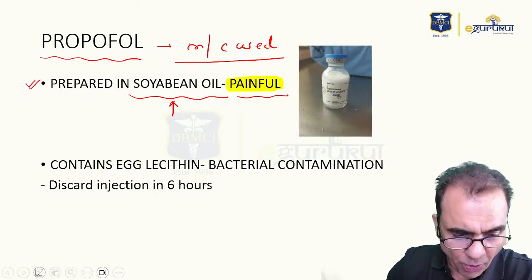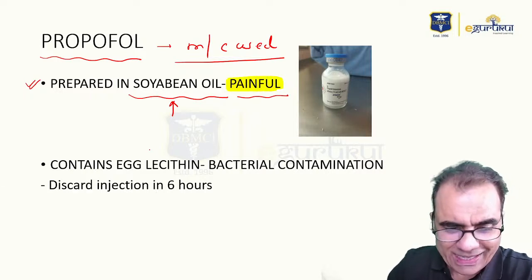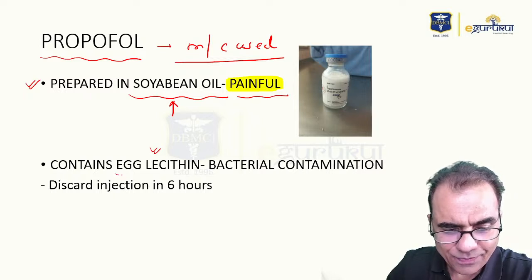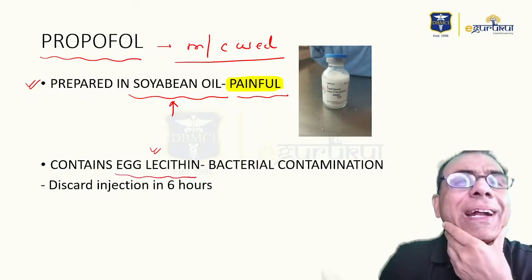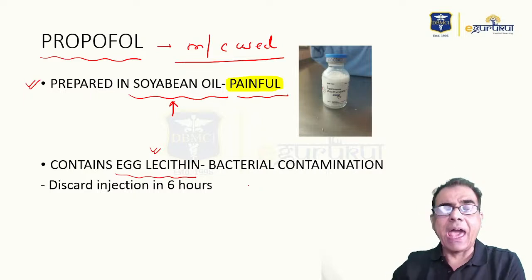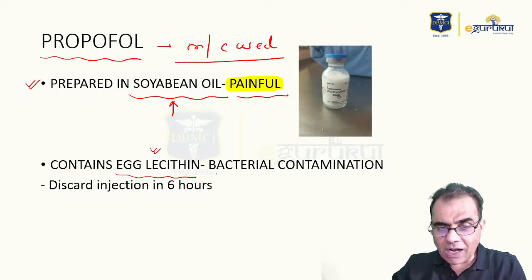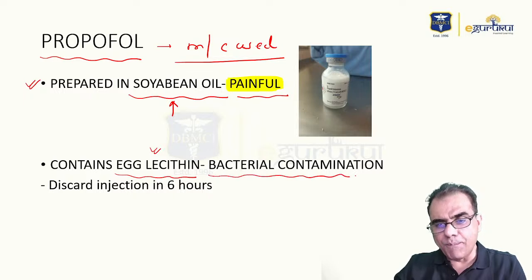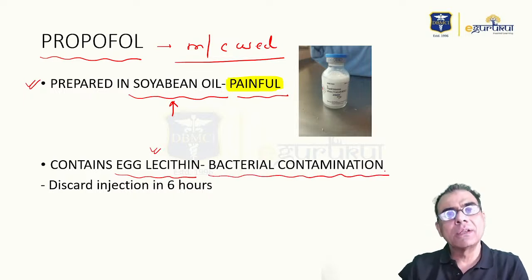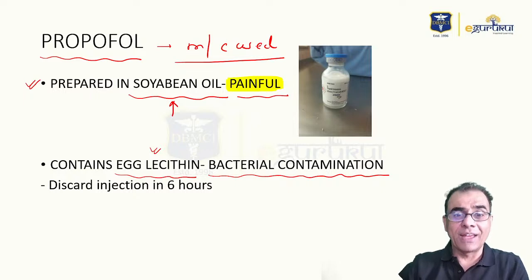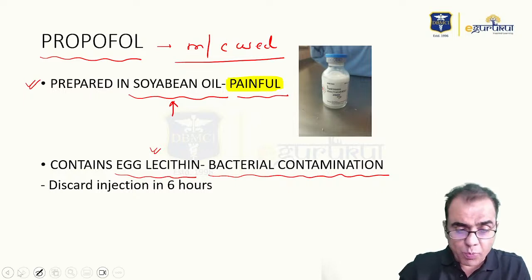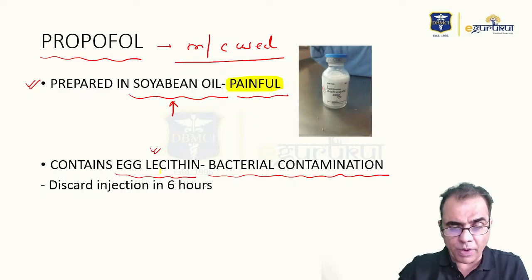Secondly, propofol contains egg lecithin, and egg is a very good culture media for bacterial growth. So with propofol, there are chances of bacterial contamination. Therefore, once opened, you have to discard propofol after 6 hours.